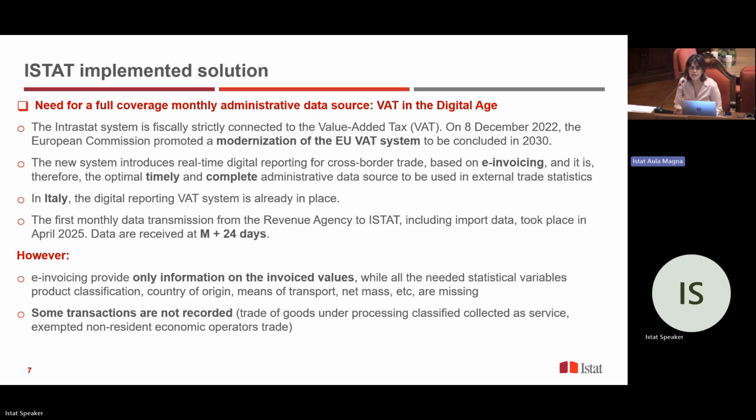We have only invoiced total trade. And moreover, some transactions are not recorded. Goods for processing are reported under services, and cannot be distinguished from other services.